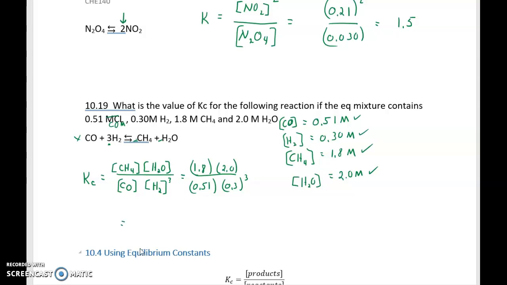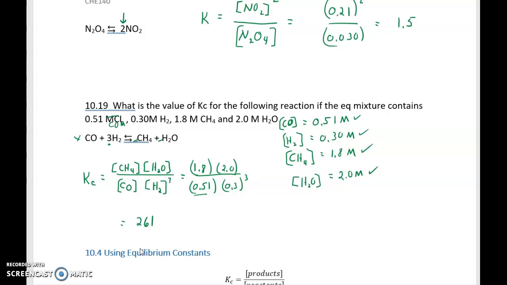If we do the math on this, we'll get 281. Now, when you do reactions like this, it's very important that when you put it in your calculator you put your 1.8 multiplied by 2.0, divide by the 0.51, and then divide by the 0.3 cubed. Frequently people will not divide by that second term.